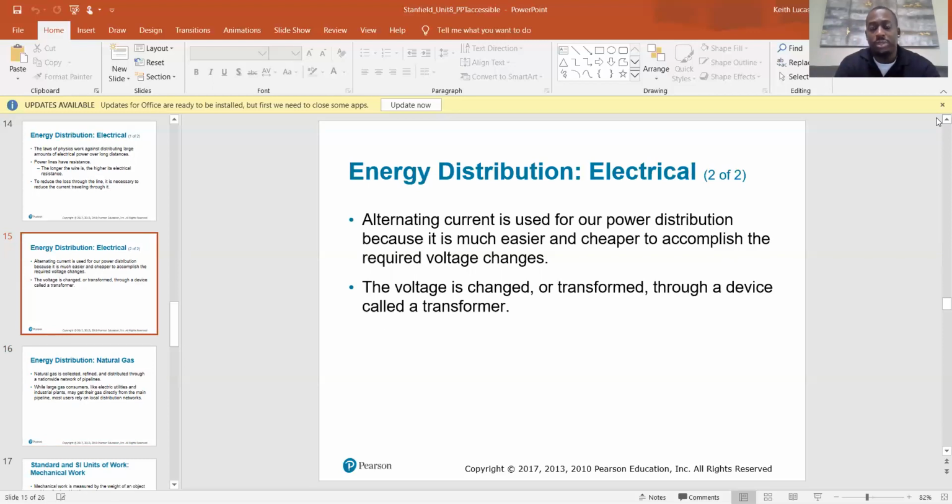Now your control voltage doesn't require as much voltage as your line voltage or your operating voltage. Basically, it takes more voltage to turn your motors and distribute the air than it does to open and close switches. Your control voltage is just opening and closing switches, telling the AC to come on, or telling the heat to come on, or telling the fan to come on, or to switch speeds, whichever the case.